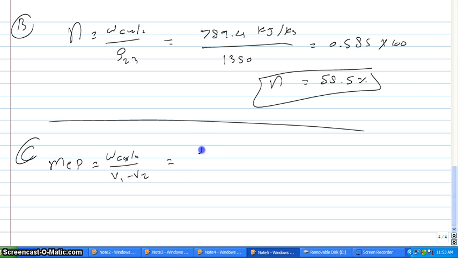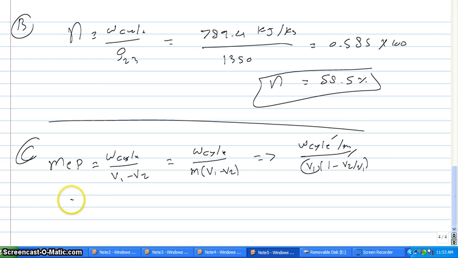We can rewrite that as work cycle over m times (V1 minus V2), and rewrite it again to make it simple and clear: work cycle over m, over V1 times (1 minus V2 over V1). It's all known except V1, so let's find V1 first, then we'll plug all the known values into the equation.